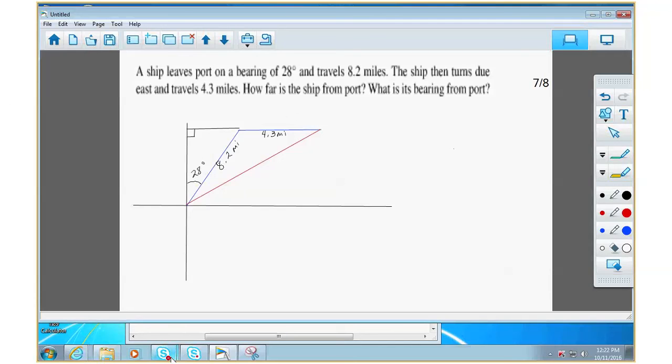Or you got 90 and 28, subtract that from what? 180, what do you get? So this angle right here is 62 degrees. And if that angle is 62 degrees, it is 118.